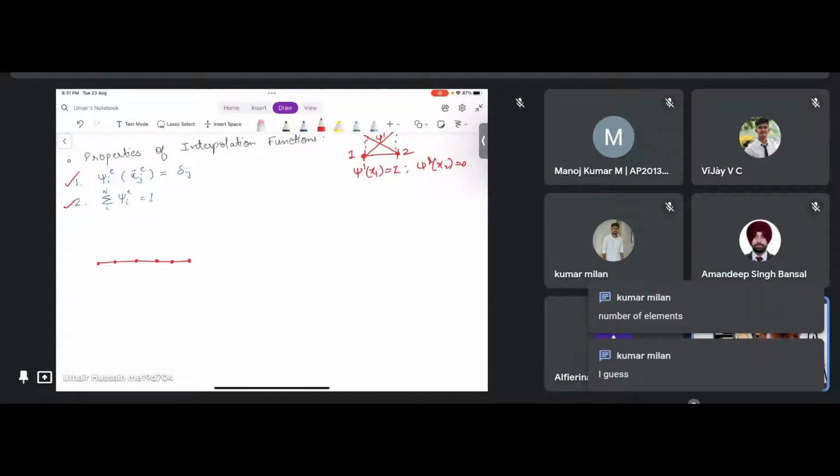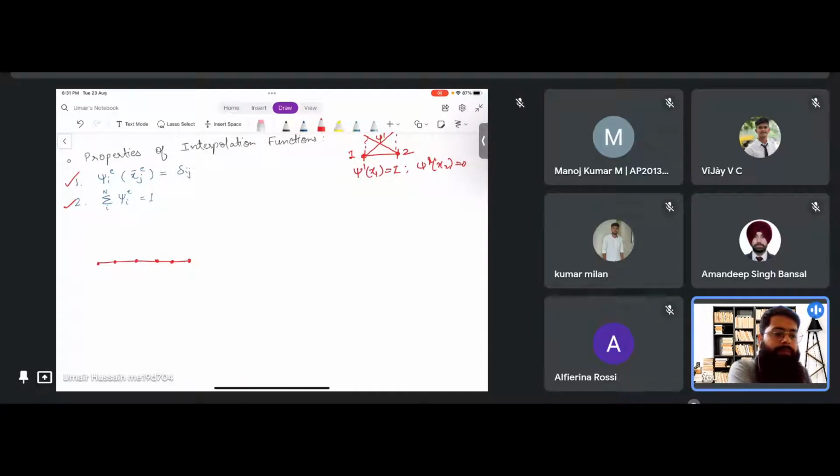But for a local system, n doesn't make any sense, right? There's only one element we are worried about in local. N might be the number of nodes or the number of interpolation points. That would make sense.